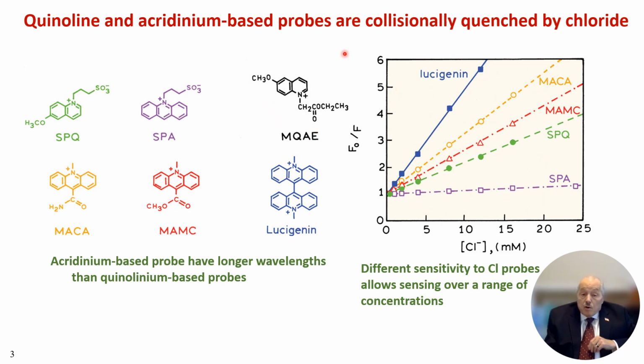Let's look at the probes that we have available for chloride. The probes we have available are all quinolines or acridiniums. There's only one acridinium here. They're all electron deficient species, and you can see they all have very different quenching constants, as seen in the Stern-Volmer plots.